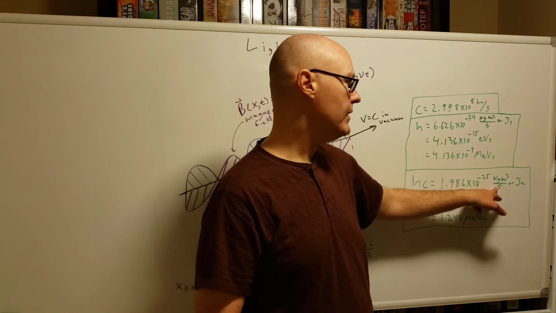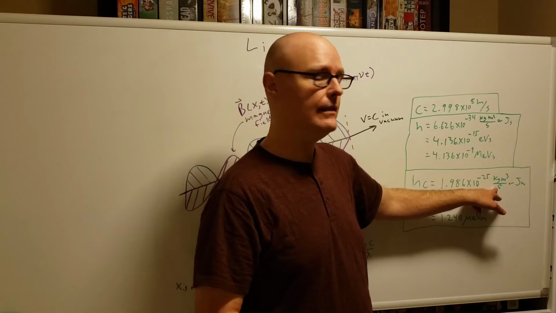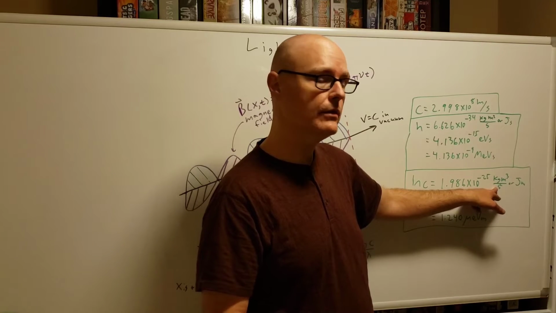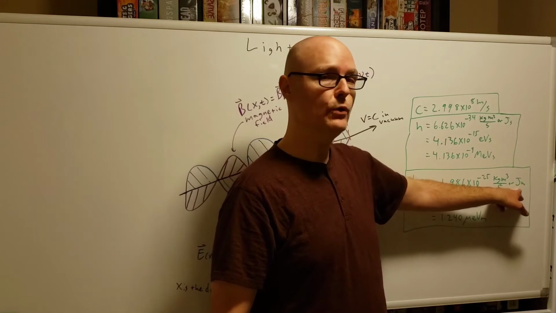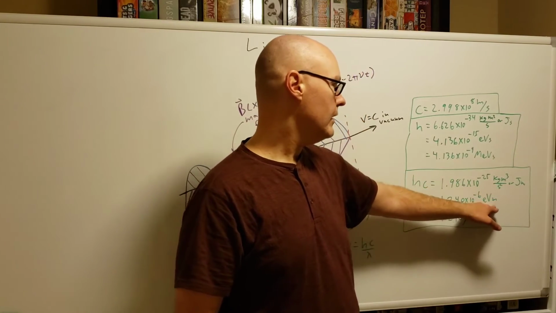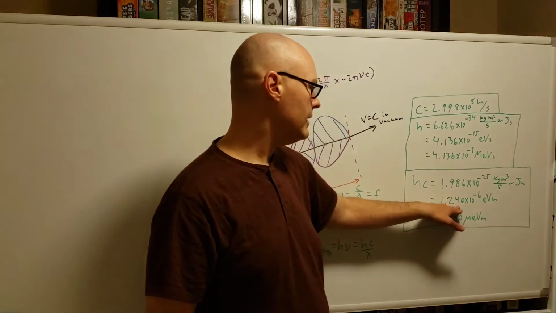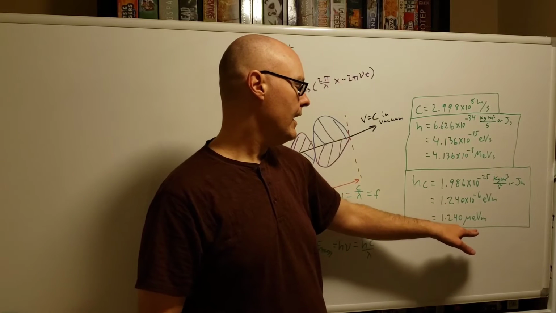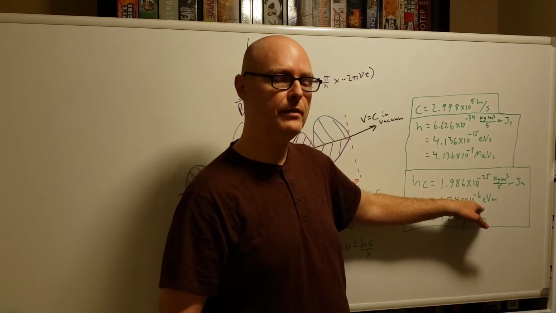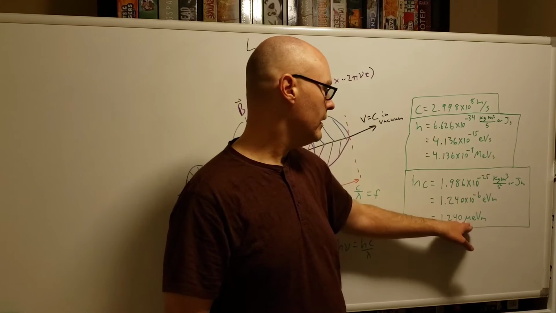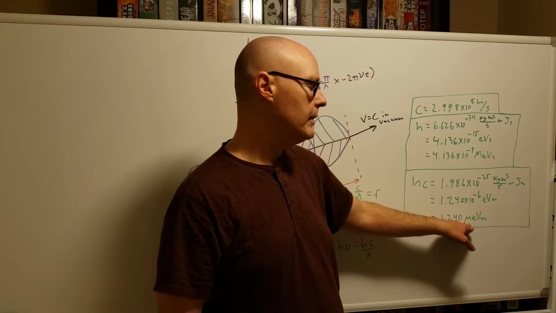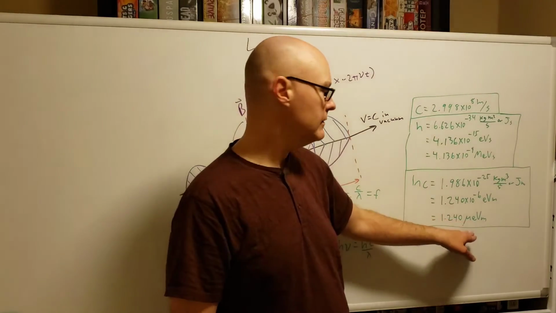That is a kilogram meter squared per second squared multiplied by meters, which gives me joule meters. Convert this into electron volt meters. Gives us this quantity. And so I have 10 to the minus 6. It might be useful for me to use micro. So I have 1.240 micro electron volt meters.